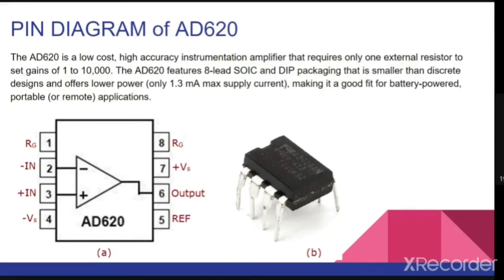The AD620 features 8-lead SOIC and DIP packaging that is smaller than discrete designs and offers low power, only 1.3 milliamp maximum supply current, making it a good fit for battery powered portable applications.